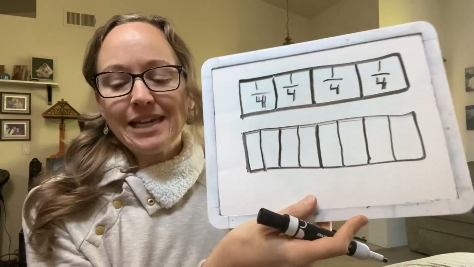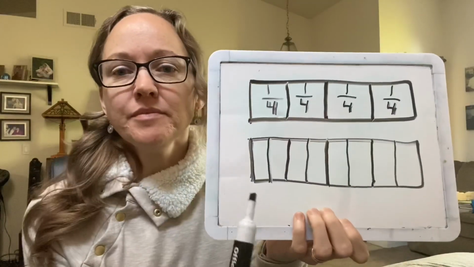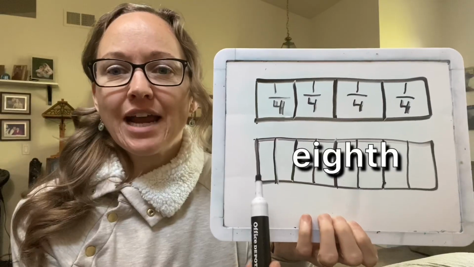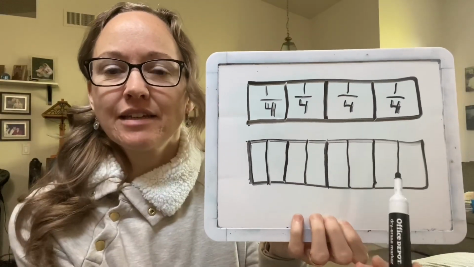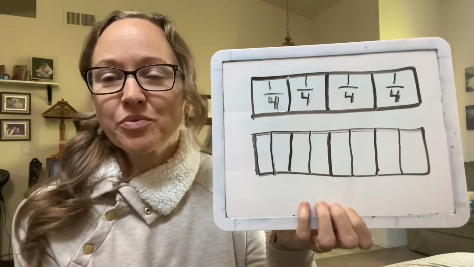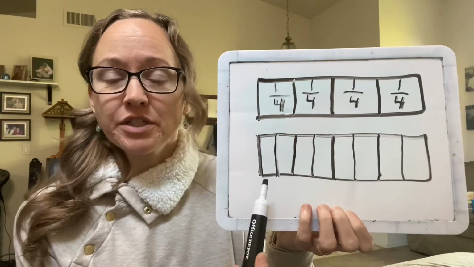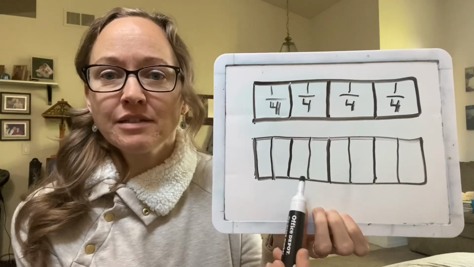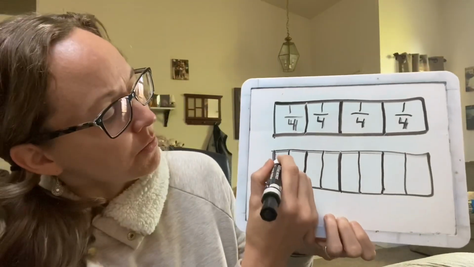And that shows my 8 equal parts. Each equal part is called an eighth. There are 8 eighths in one whole. If we were to write the unit fraction for this fraction strip, we would say that each fractional unit is called 1/8.